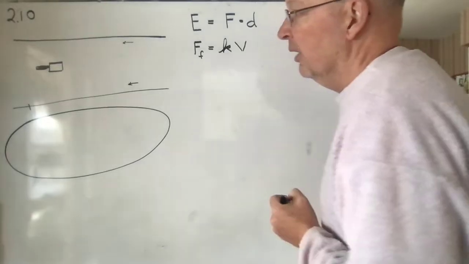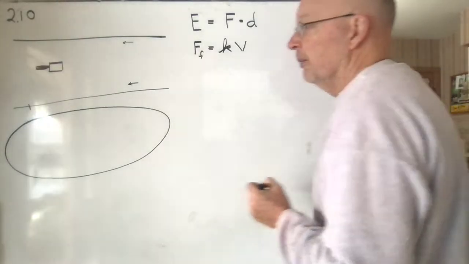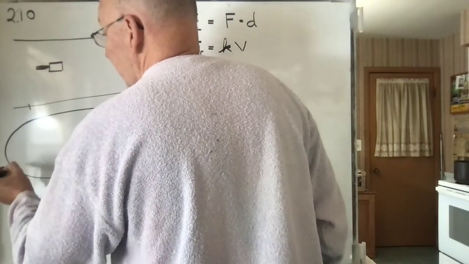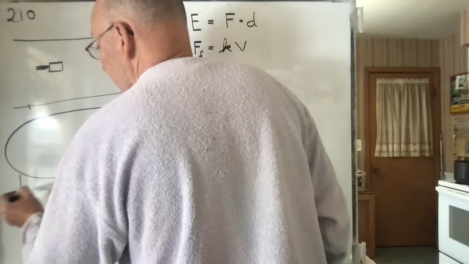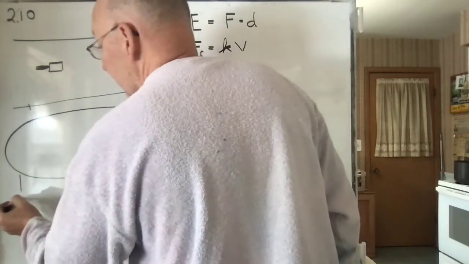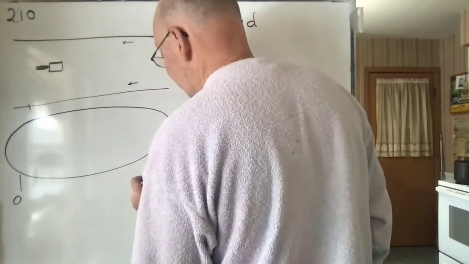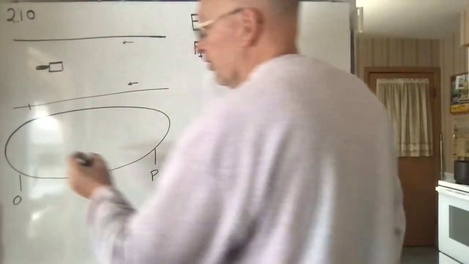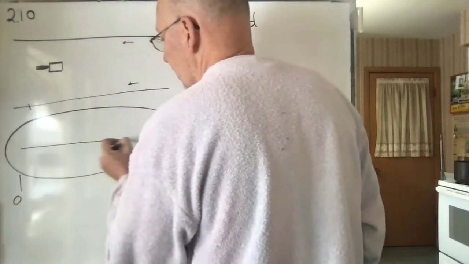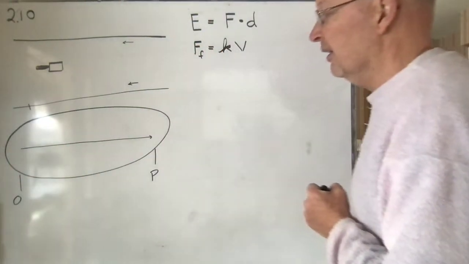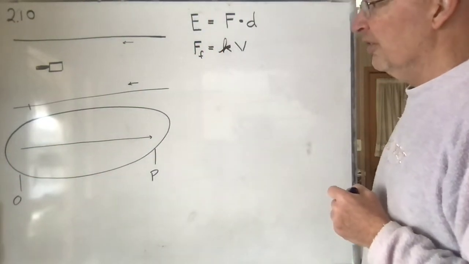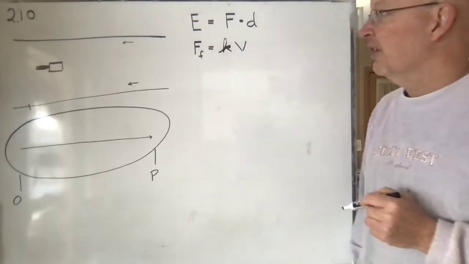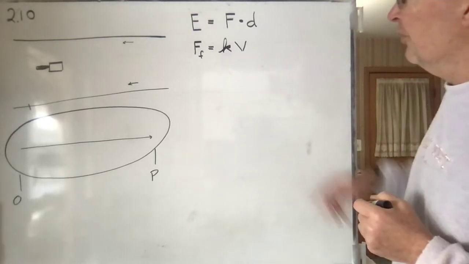We're not on a river with a current, but instead we're on a lake, and in this lake we're going from here to here, and this is point 0 and this is point P, distance P. And so we want to just push it across this lake, a distance P, and the question is, what's the amount of energy that it'll take to do it? Well, let's do it.